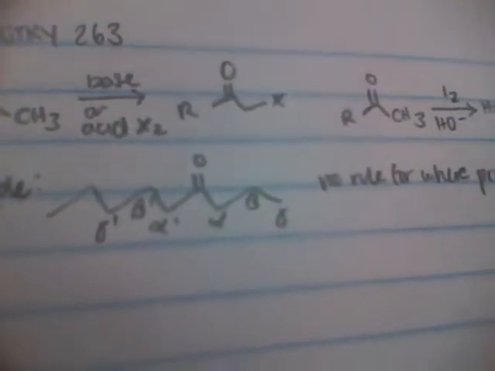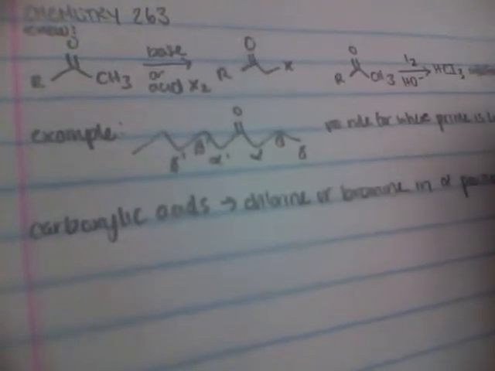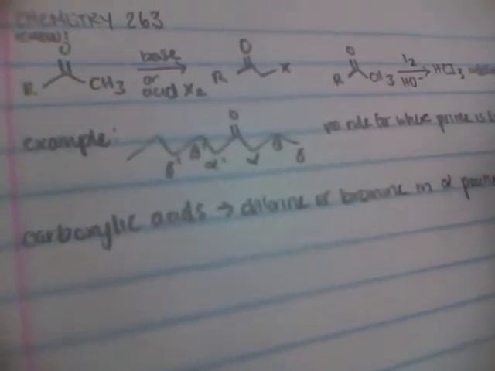And for carboxylic acids, provided you do the reaction in the right way, which is a bit more complicated than this, you can put a chlorine or a bromine in the alpha position. So you end up with an alpha chloro or an alpha bromo carboxylic acid. And those things turn out to be useful because you can convert them to other things, including amino acids.